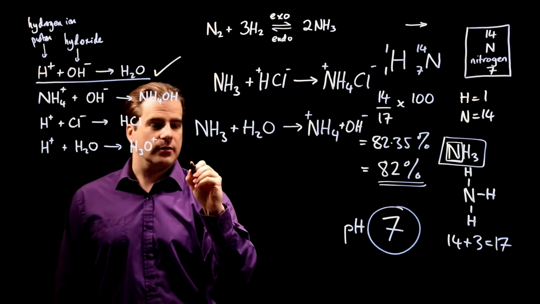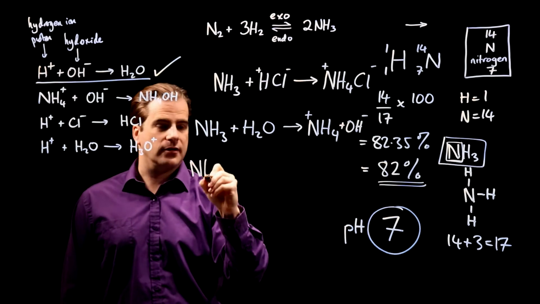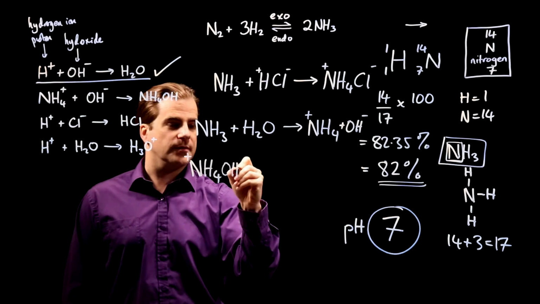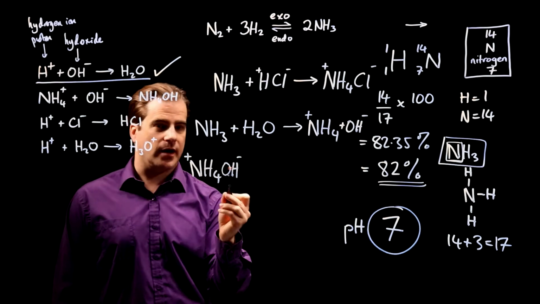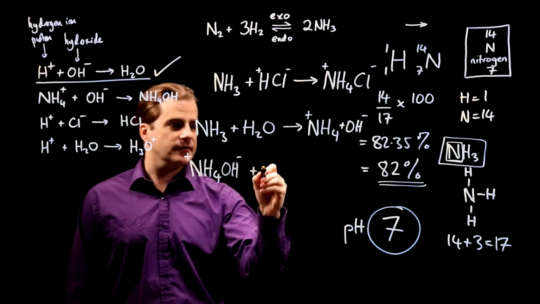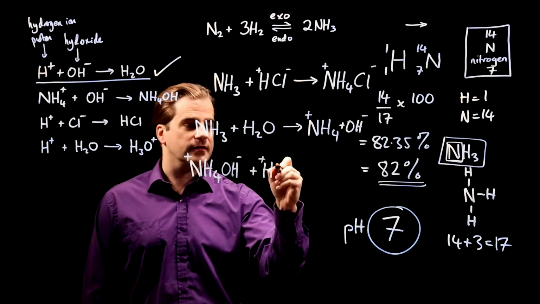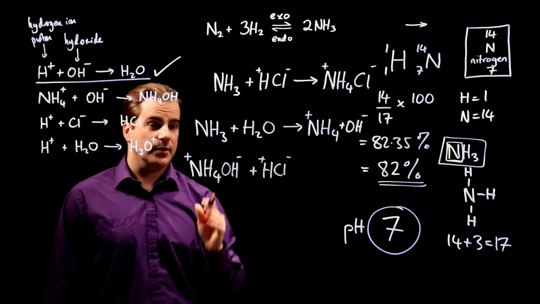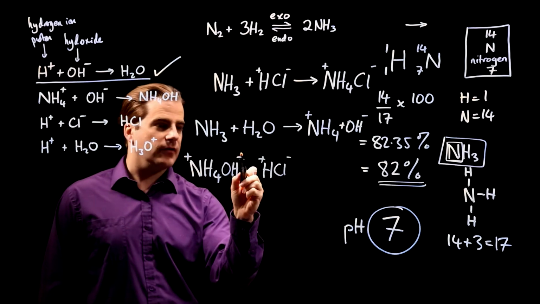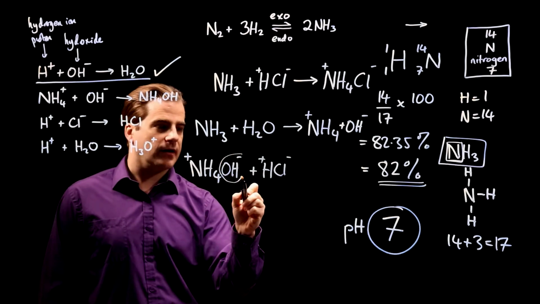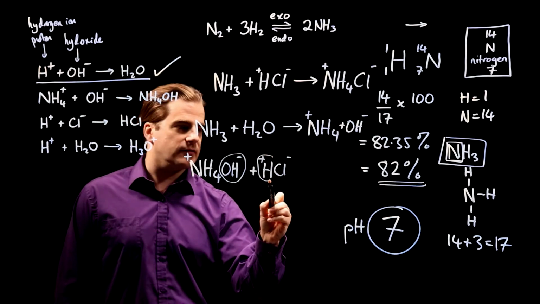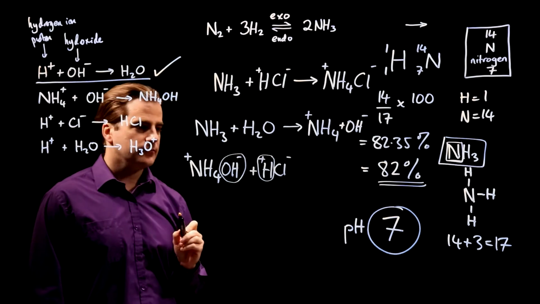So we've now got our NH4+ OH-, our ammonium hydroxide in solution. If we add an acid to that, such as hydrochloric acid, we'll get a neutralization reaction, because we have OH- ions floating around and H+ ions floating around.